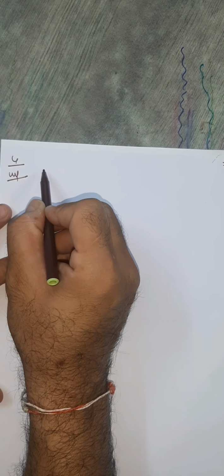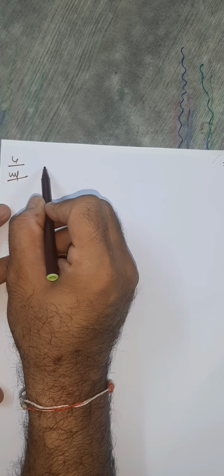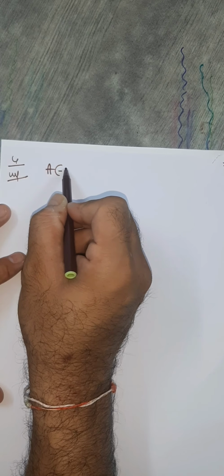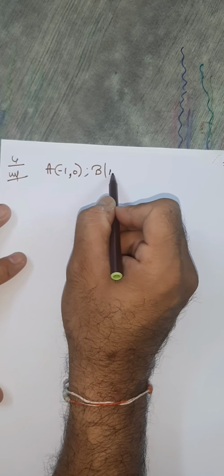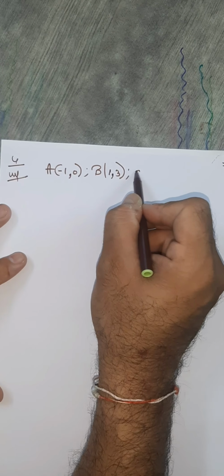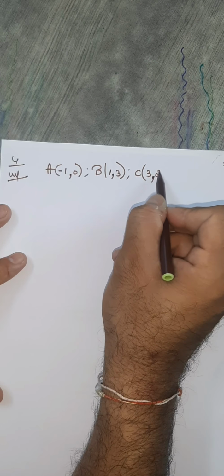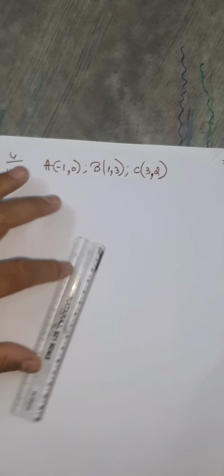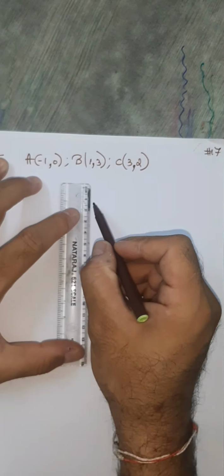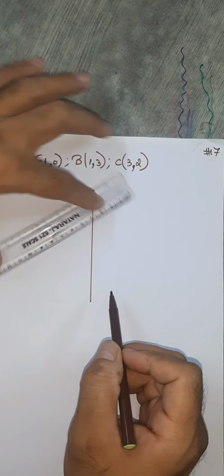Okay, so here vertices are this. Let me call A of minus 1, 0, B of 1, 3 and C of 3, 2. These are the three vertices. If I just show these three vertices here in the Cartesian plane, let me show you.